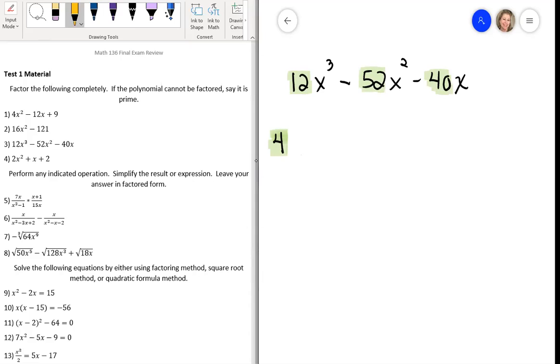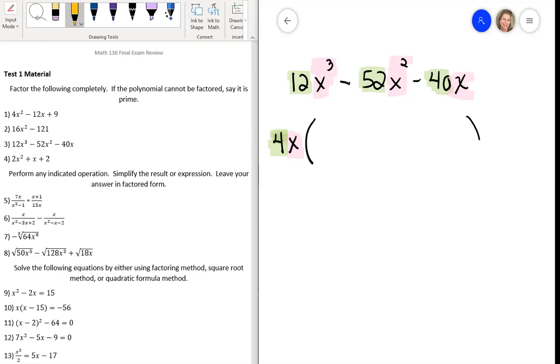Then I look at the variables: an x cubed, an x squared, and an x. The most I can pull out is a single x. You can get an x out of an x, an x out of an x squared and an x out of an x cubed, but you can't get an x cubed out of an x. So x is the greatest common variable I can factor out.